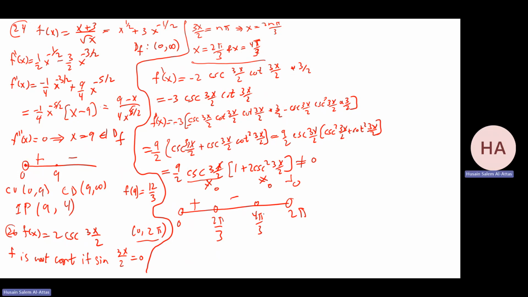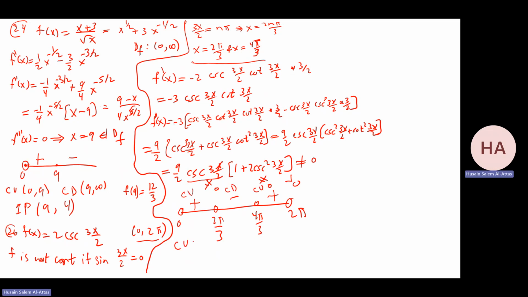Take a value here, like 3 pi over 2. It gives me 9 pi over 4, which is quadrant 1. That will be positive. So it will be concave up, concave down, concave up.